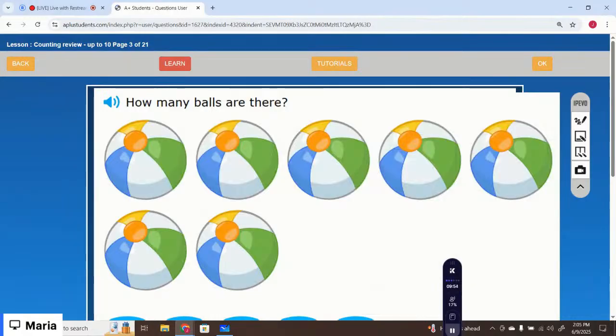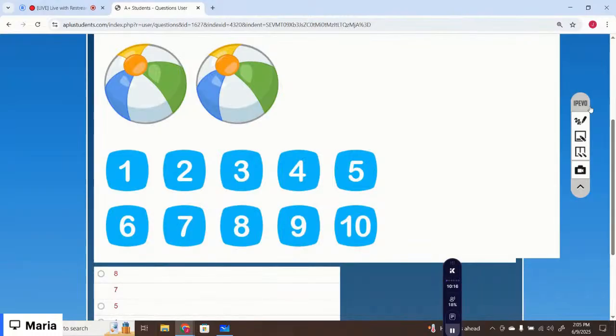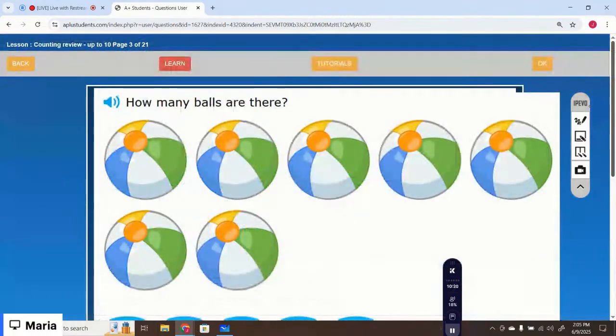How many balls are there? One, two, three, four, five, six, seven. So the correct option is seven. Seven balls.